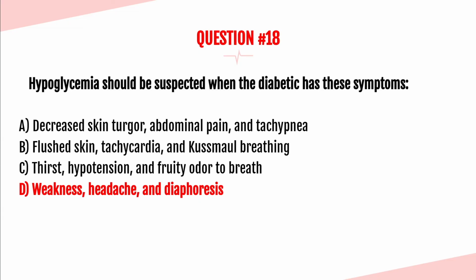The other choices have some symptoms that throw you off, but they are mostly signs of diabetic ketoacidosis or DKA. So you'll see small respirations, fruity or acetone breath, decreased skin turgor, which is associated with dehydration, and abdominal pain. These are all symptoms of DKA, whereas D has symptoms of hypoglycemia.